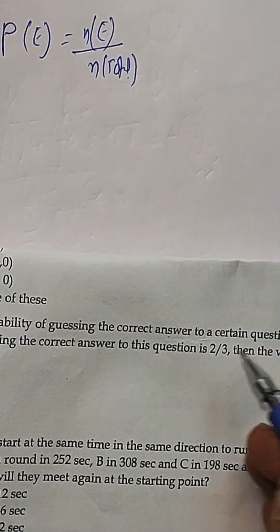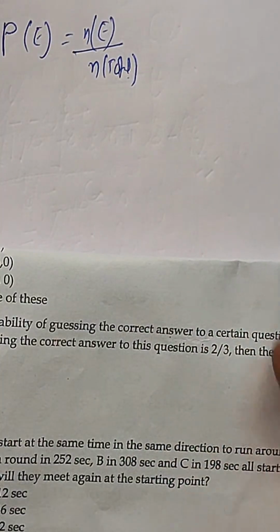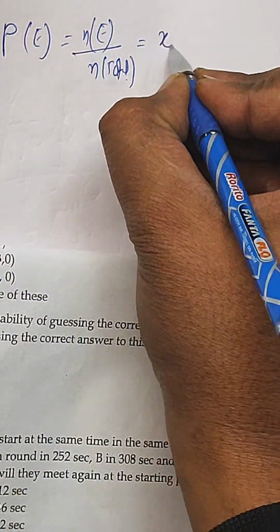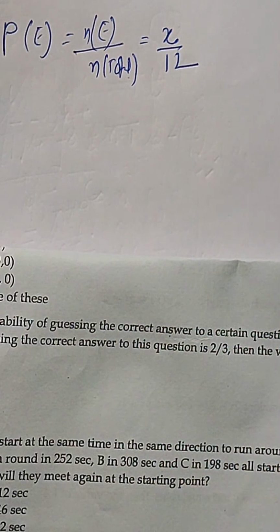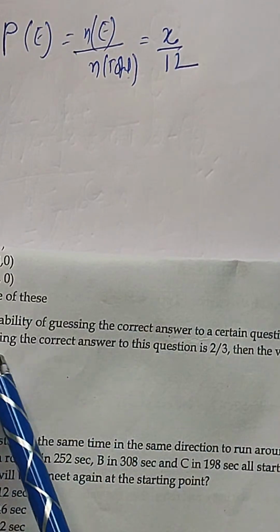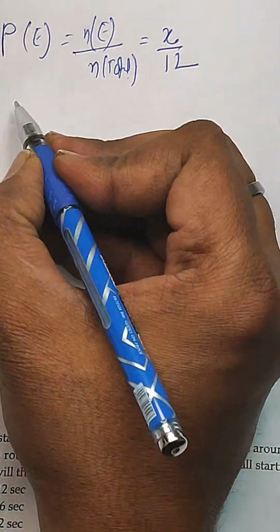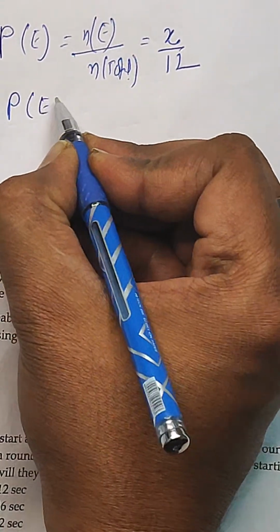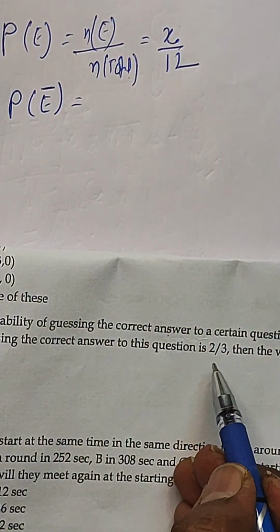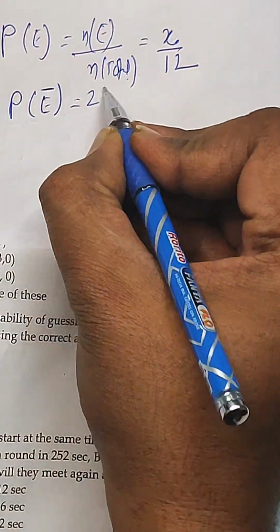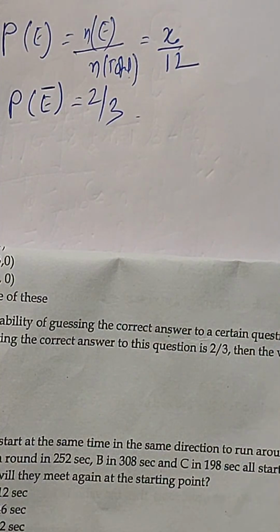So here the probability of guessing the correct answer for a certain question is x by 12, and this is given to you as x by 12, right? Now, if the probability of not guessing the correct answer to this question is 2 by 3, it's saying that the probability of not happening of that event is given to you as 2 by 3. Then what is the value of x? Find the value of x.